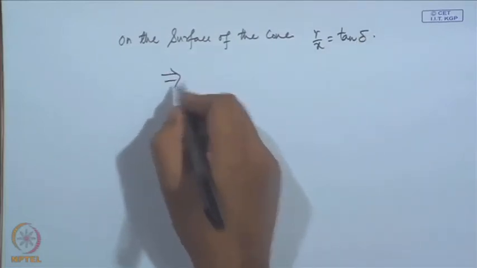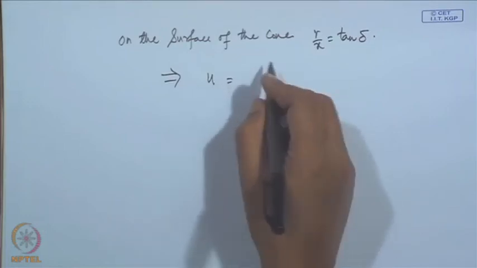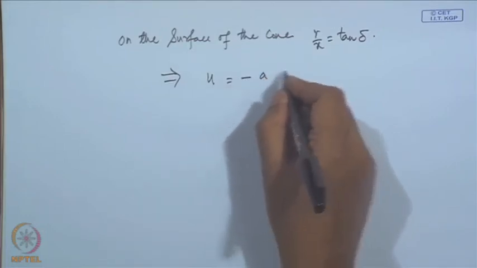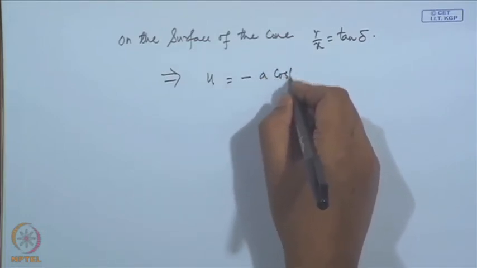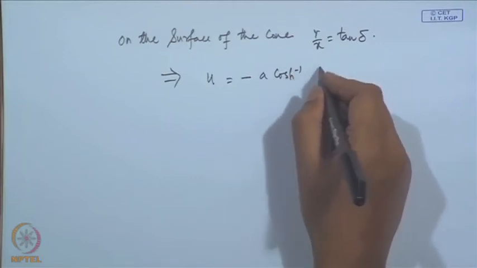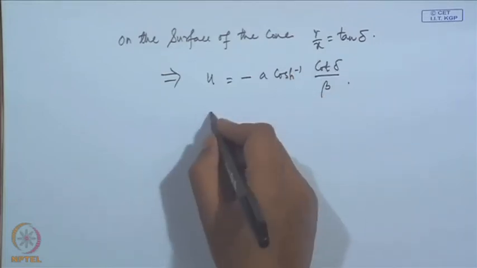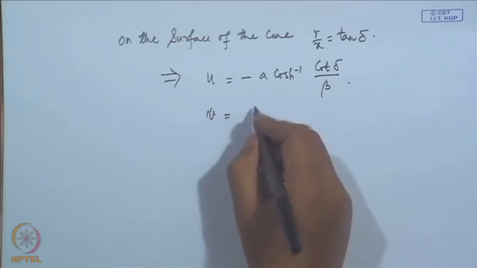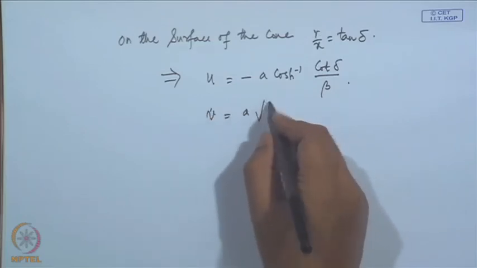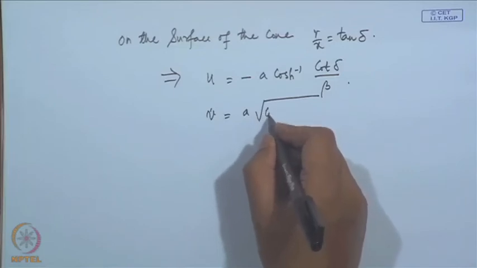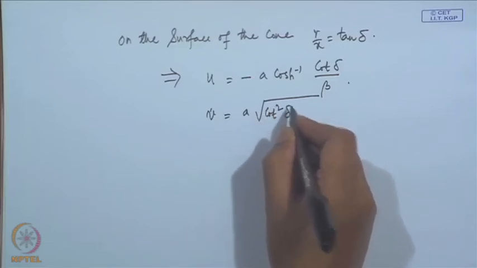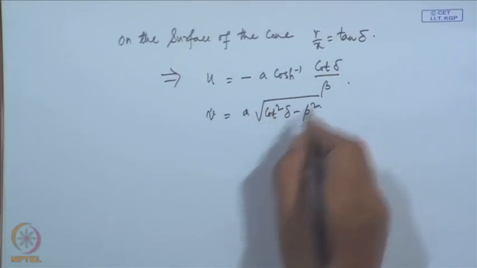This gives us u equal to minus a cosh inverse of cot delta by beta, and v equal to a into the square root of cot square delta minus beta square.